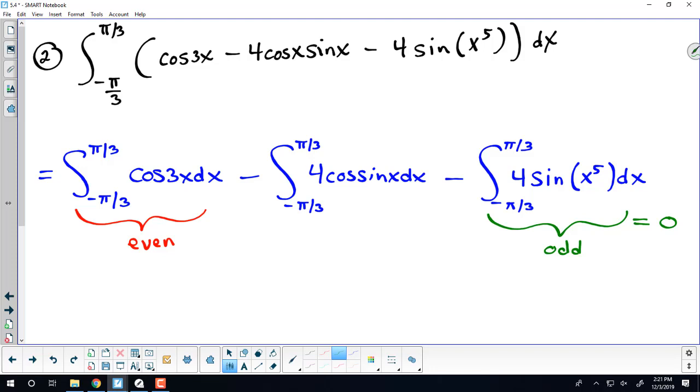What about cosine times sine? Is that even or odd or neither? Yeah, so it's not clear. Since it's cosine of x times sine of x, we'll just test that one out to see if it's even or odd or neither.